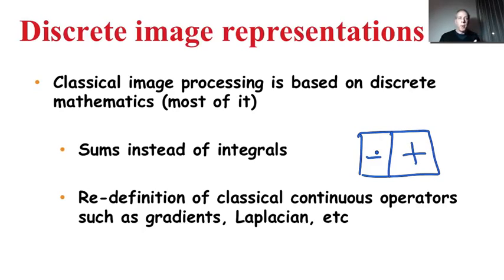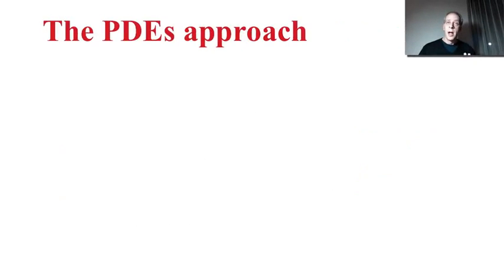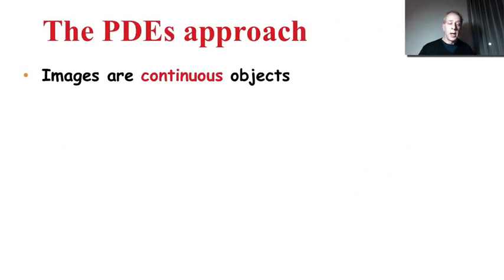The area of partial differential equations says, forget about that. It has a completely different approach and says, images are continuous objects. Don't treat them as discrete objects anymore. That's just an artifact of computer representations. Treat them as continuous objects.